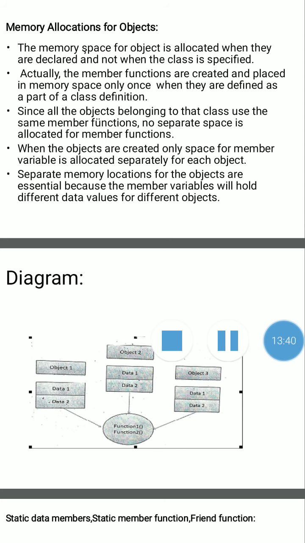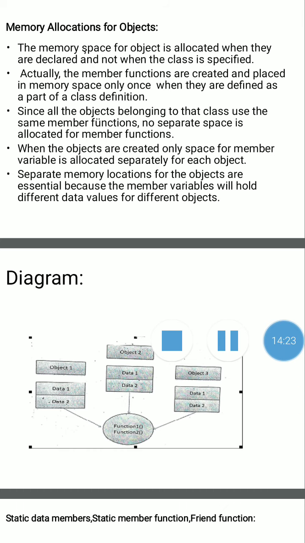In this case, for these three objects, separate memory will be created for data members. In the previous example, the class add has data members a, b and total. So for object 1, memory is created for a, b and total. For object 2, memory is created for a, b and total. And for object 3, memory is created for a, b and total.